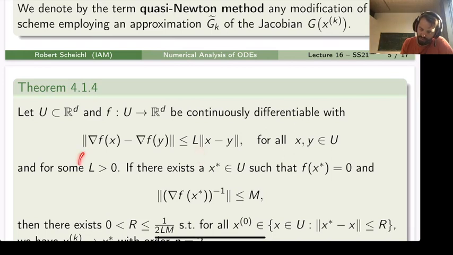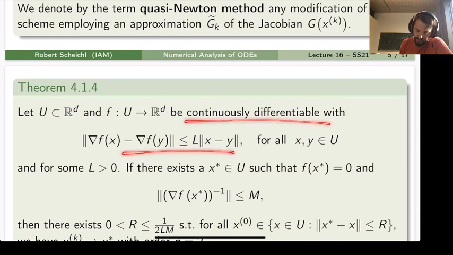The matrix norm of the Jacobian of f at x minus the Jacobian of f at y is bounded above by the distance of x and y times the Lipschitz constant L for any x and y in the set U, and this L is some arbitrary constant greater than 0.